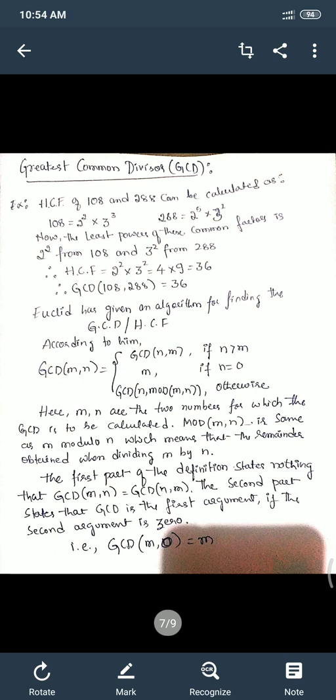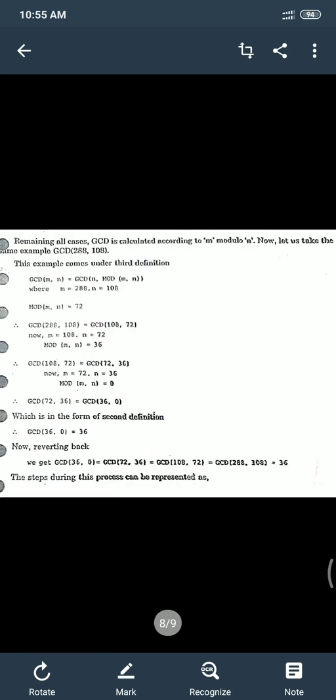I hope in the general form of Euclid's algorithm you could see what I am explaining now. That is, GCD of m comma 0 equals m itself. In all remaining cases, GCD is calculated according to m modulo n.